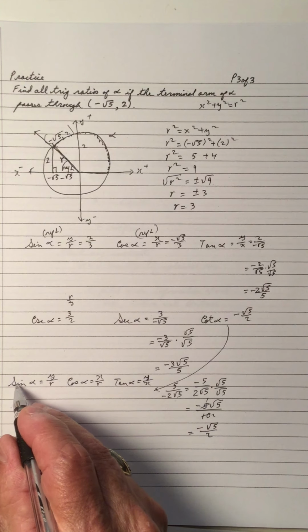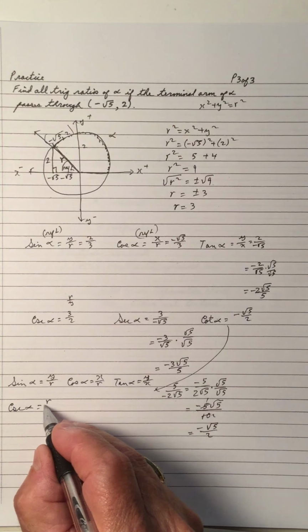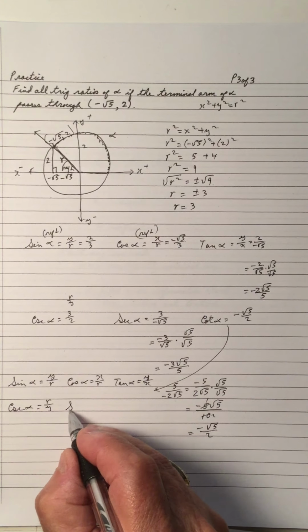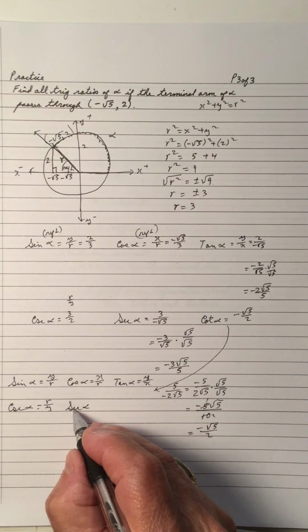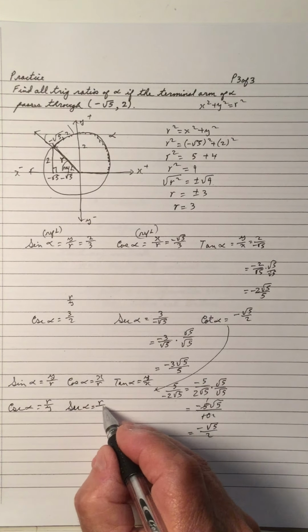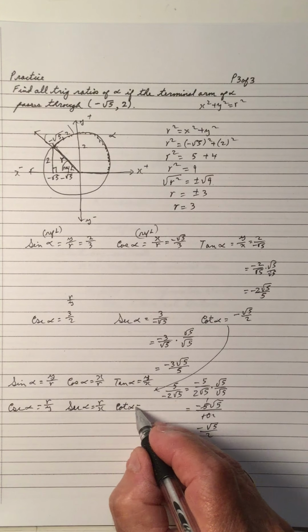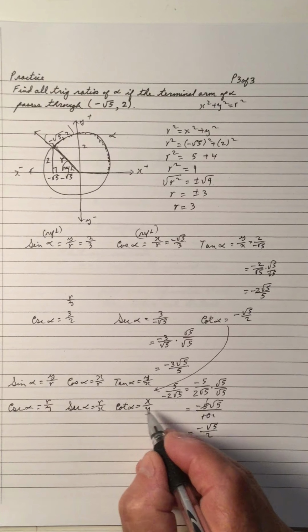And the reciprocal of sine is cosecant, so that's r over y, and secant of alpha, as you see, is the r over the x, and the cot of the angle of rotation is the x over the y.